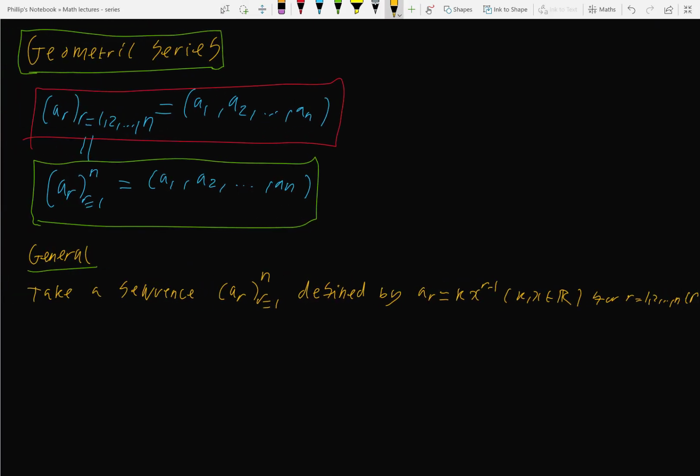Then we say the sum from r is equal to 1 to n, so take all the terms in this finite sequence and add them together, of a underscore r, which is equal, because a underscore r is defined by this, to the sum from r is equal to 1 to n of k times x to the r minus 1, which is equal to k times the sum from r is equal to 1 to n of x to the r minus 1.